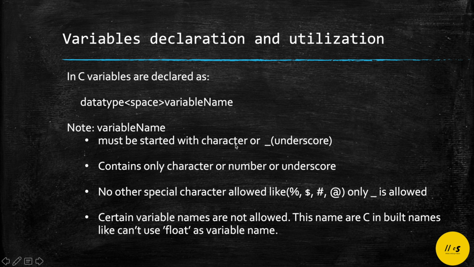It must start with a character or underscore. There should not be any special character, only underscore is permitted. It can only contain numbers, underscore or characters. Certain variable names are not allowed, like float. You cannot write float float, or anything which is already predetermined in the C programming language.